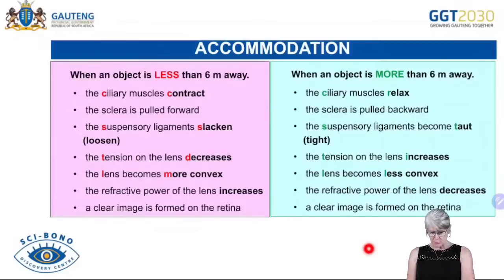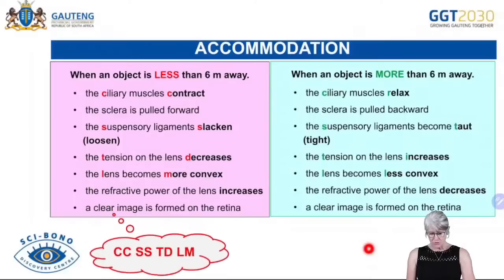The sclera is pulled forward. The suspensory ligaments become slackened, because your ciliary muscle contracts, and then your suspensory ligaments become loose. And when they're loose, they're not pulling on the lens, so the lens now becomes quite nice and convex, more convex because the tension has decreased on the lens, and that increases the refractive power.